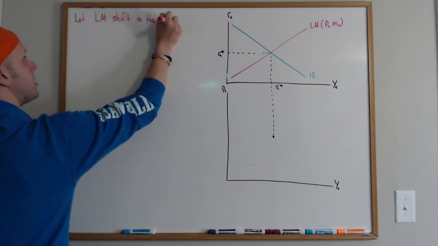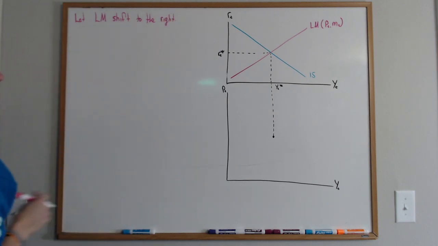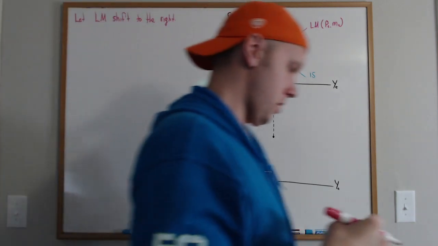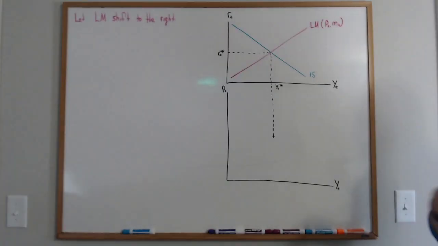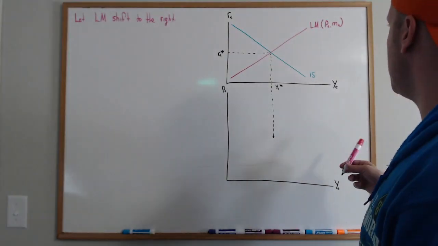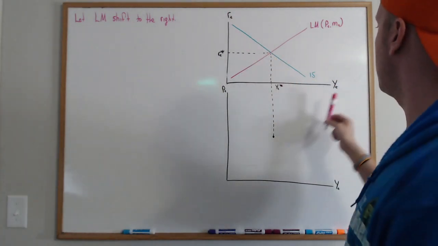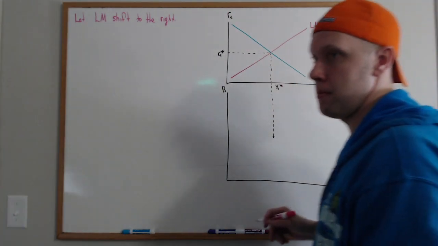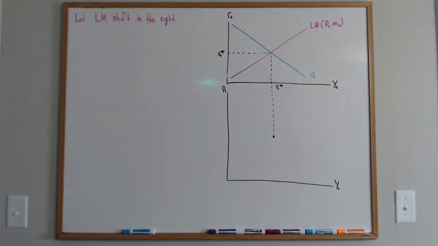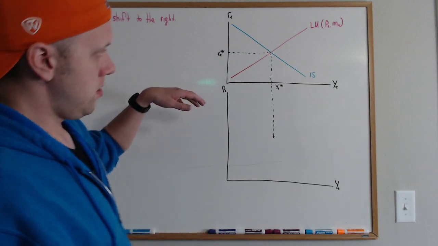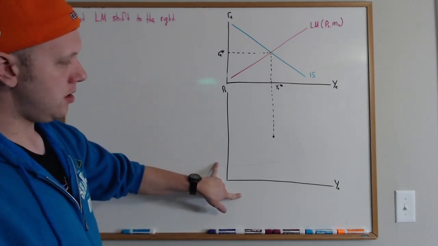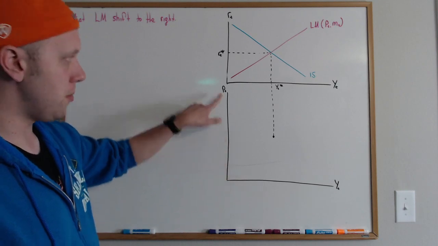So we're going to let the LM curve shift to the right. If it shifts to the right, it means there's something changing. It's not the interest rate or output, right? There's something else that's changing this. But we need to trace out what's happening for aggregate demand. So we have to look at this graph here, because this is going to give us aggregate demand, price, and output.